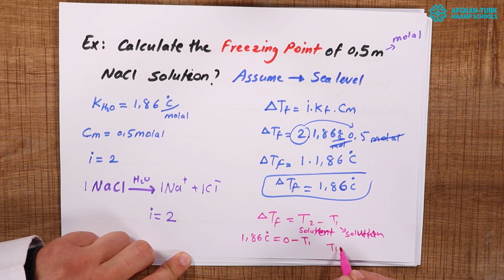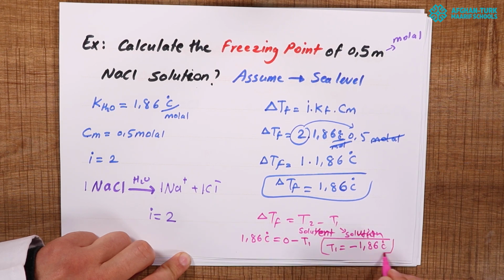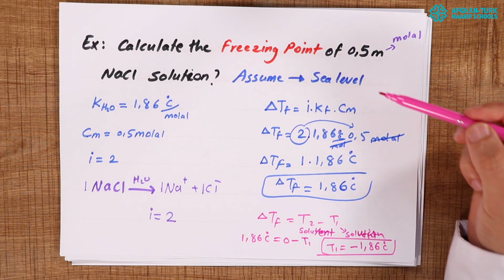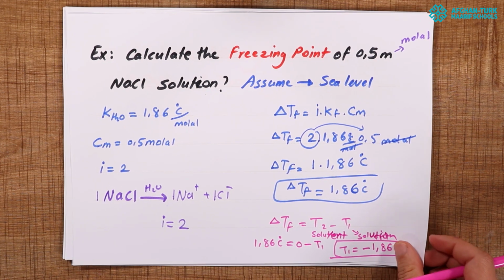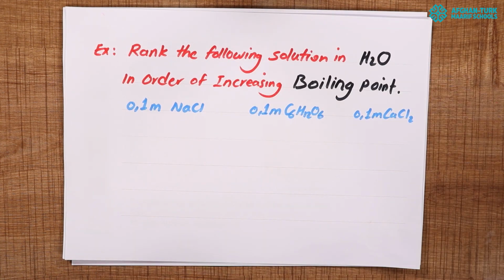When we simplify this, it gives us T1 equals minus 1.86 °C. It means when we have 0.5 molal of sodium chloride in this solution, it will freeze at minus 1.86 °C.